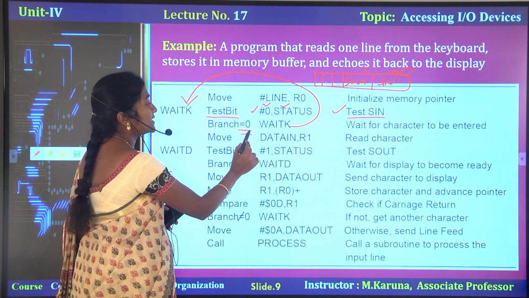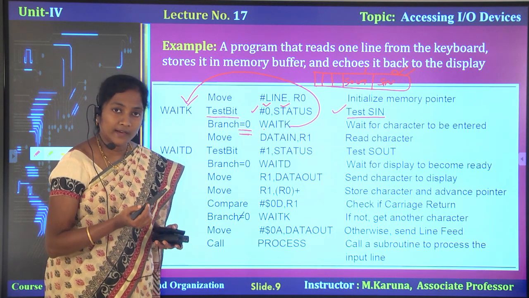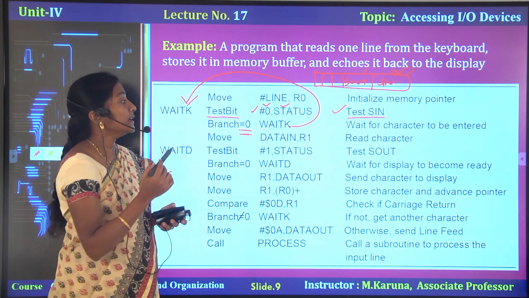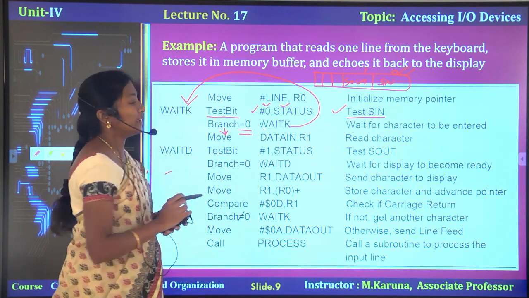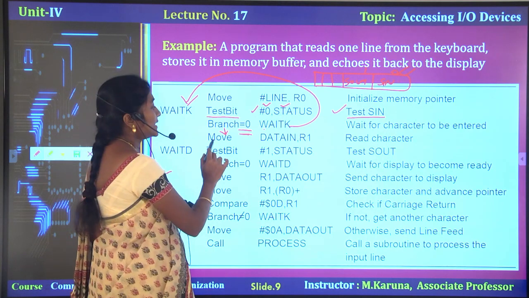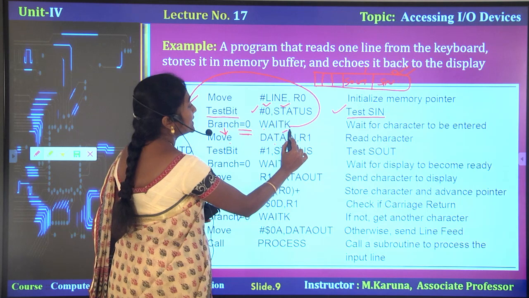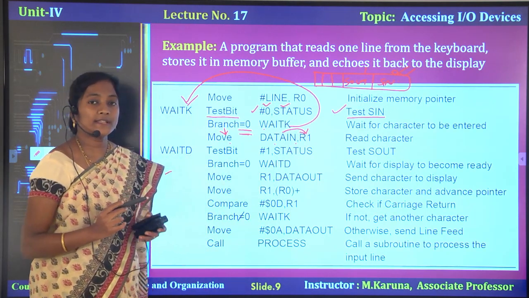If it is 0, it stays in waiting mode, that means there is no data available in the data in register. Otherwise, that means the SIN bit is equal to 1, execute the next instruction, that is move data in, R1. Whatever data is available in the data in register will be transferred to the processor register R1.